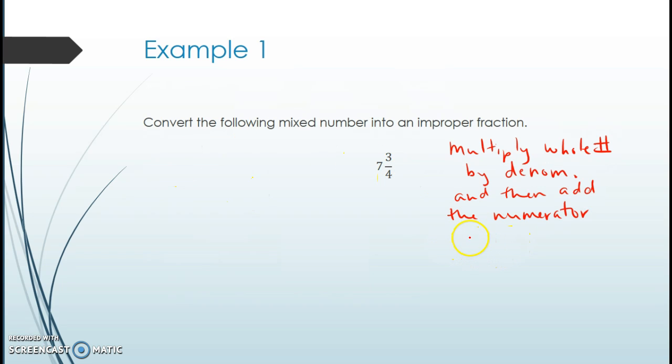All of that, so the answer, will go over our denominator.